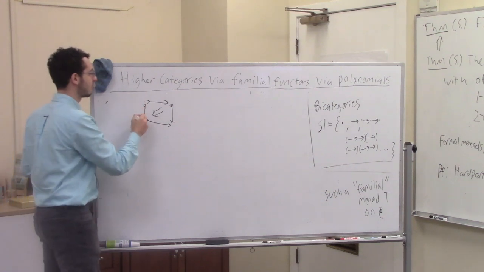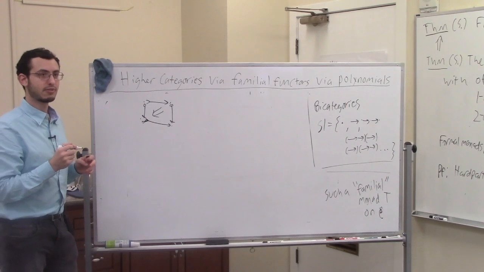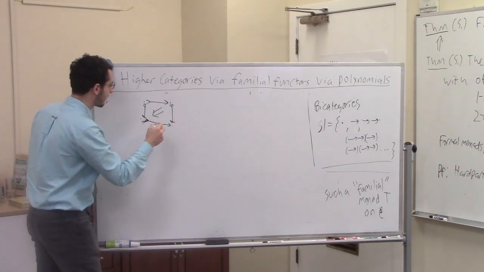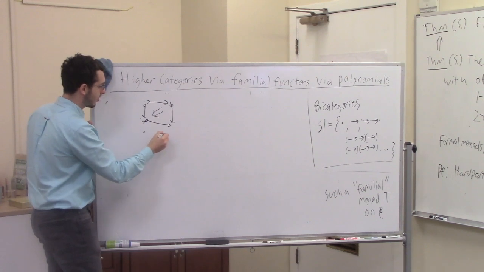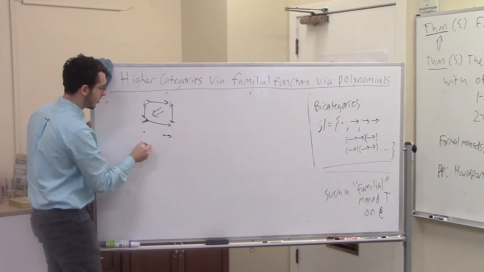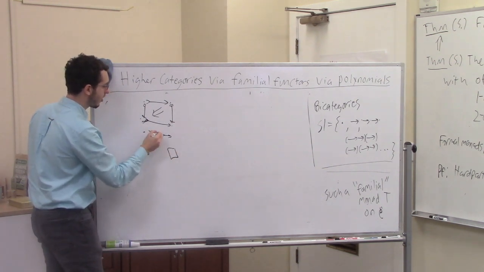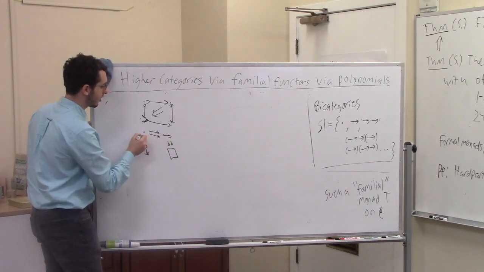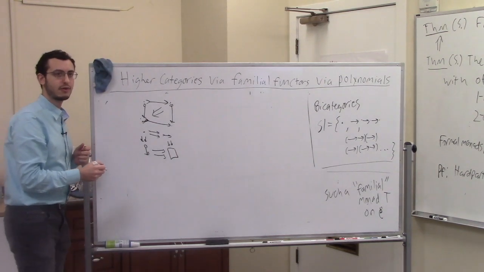That would be reasonable. And this has actually been written about, at least in an unpublished note by Marcelo Aguiar. And the cell shapes here, well, we have our dot, we have our horizontal arrow, we have our vertical arrow, we have our square, and we have source and target maps for each of them, like so.